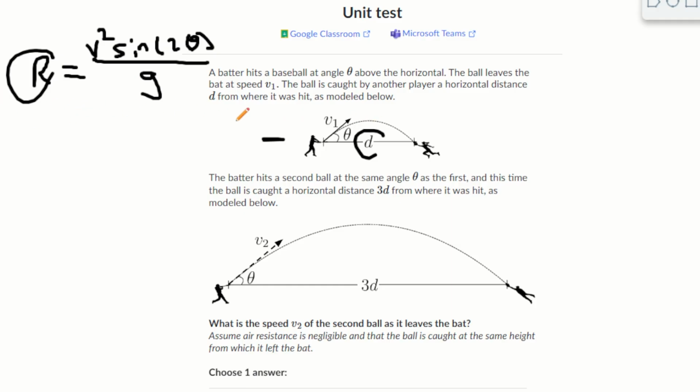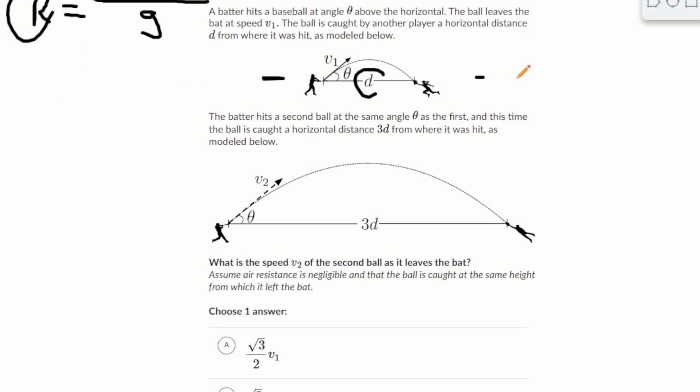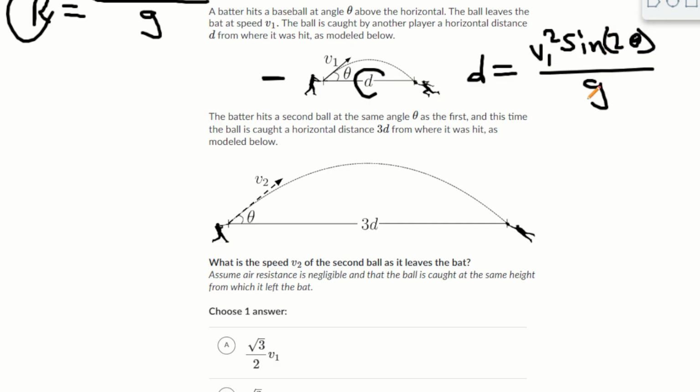So for this choice it would be d is equal to v1 squared sine 2 theta all over g. And then for this diagram we would do 3d is equal to v2 squared sine 2 theta over g.